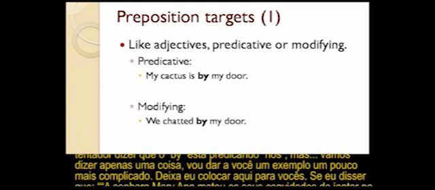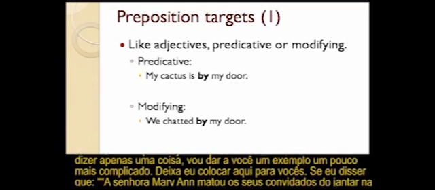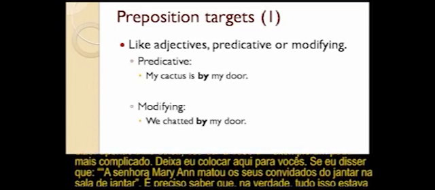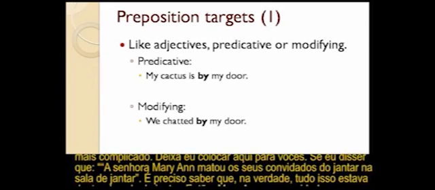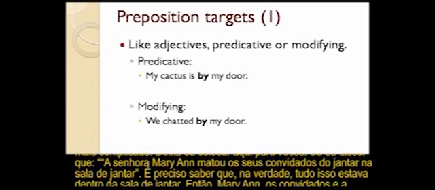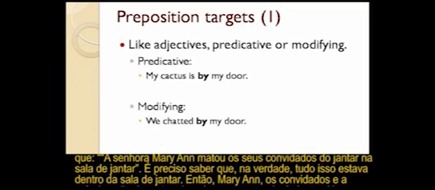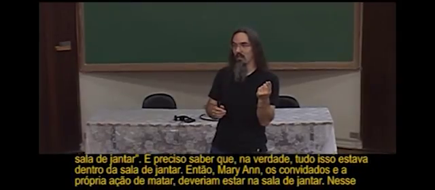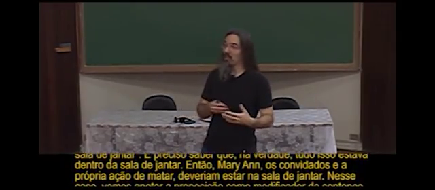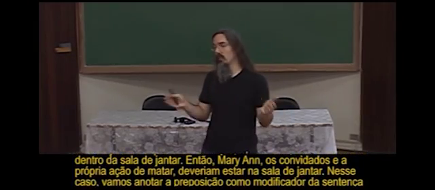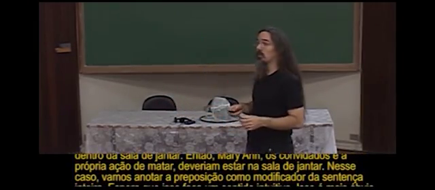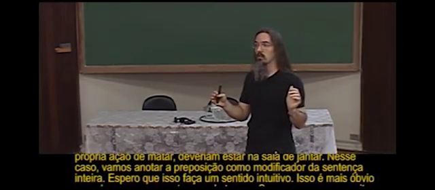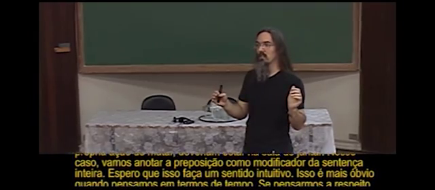If I say that Maid Marian killed her dinner guests in the dining room, you need to know that actually all of that is in the dining room. So Maid Marian needs to be in the dining room. The guests should be in the dining room. The killing should be in the dining room. So actually, in that case, we will annotate the preposition as modifying the entire sentence. Hopefully this makes intuitive sense.